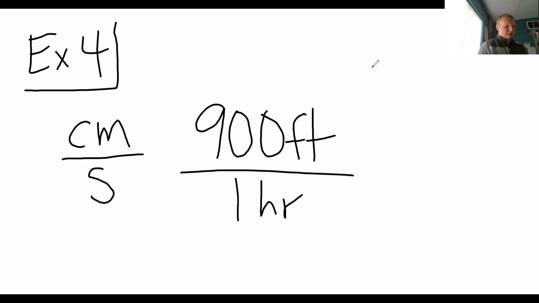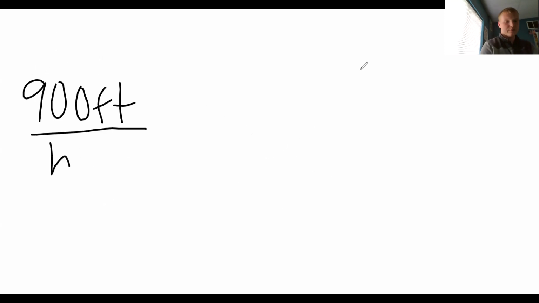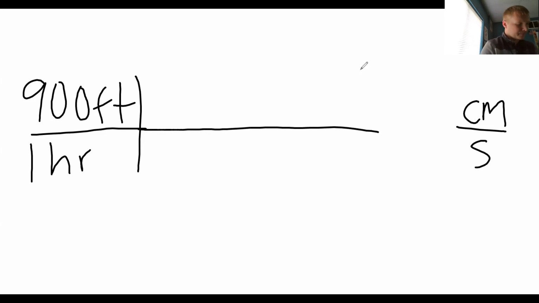So 900 feet per hour, and I need to convert that to centimeters per second. I did not give myself enough room. 900 feet per hour. And I want a final result of centimeters per second. All right, let's just start with feet for fun.